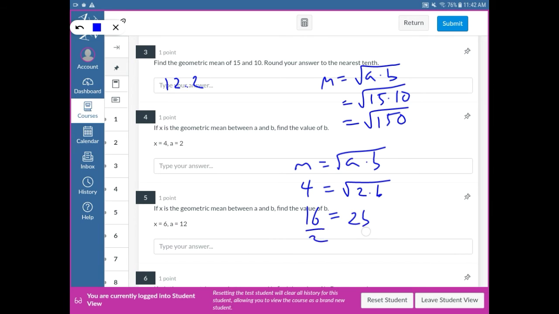Divide by 2, you get b is equal to 8. The shortcut here is you take the x value, square it, and divide by a, and that'll get you the same answer.